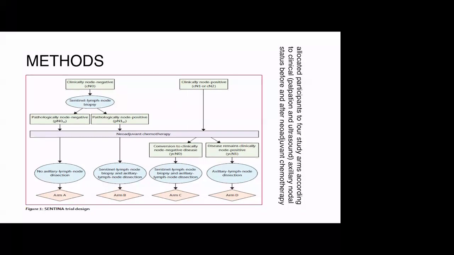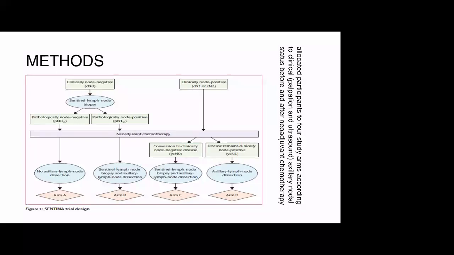You don't do an axillary lymph node dissection. You close up, you mark that node, you give neoadjuvant chemotherapy, and then after that you do a sentinel node biopsy with an axillary lymph node dissection, because that node was positive. So now you're trying to find out what is the accuracy of a sentinel lymph node biopsy being done after neoadjuvant chemotherapy.